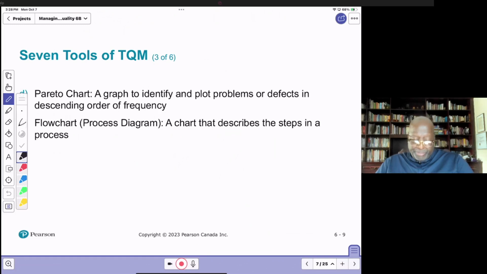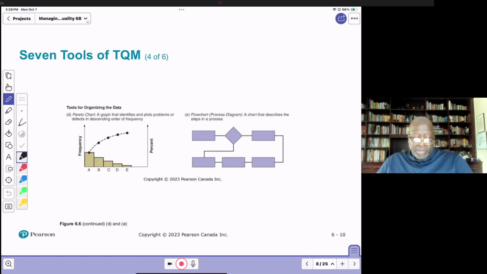A Pareto chart is a graph that is used to identify and plot problems or defects in descending, or it could be ascending order. And the flow chart, as I mentioned, describes the steps in a process. So these are fairly straightforward.